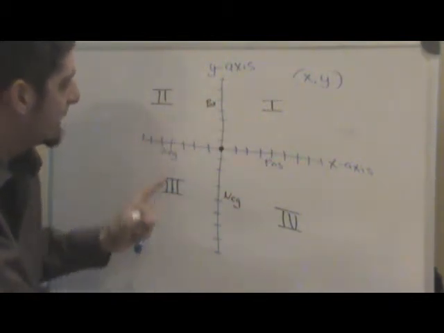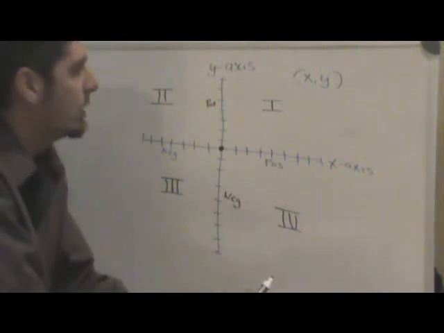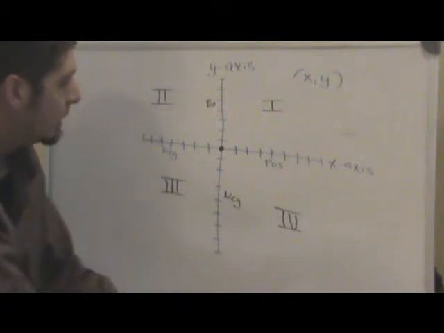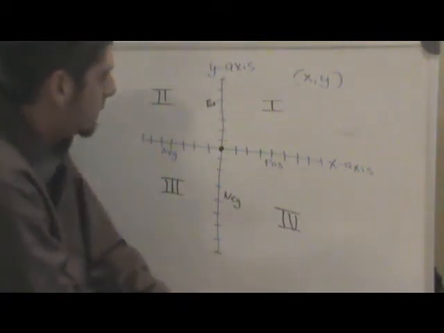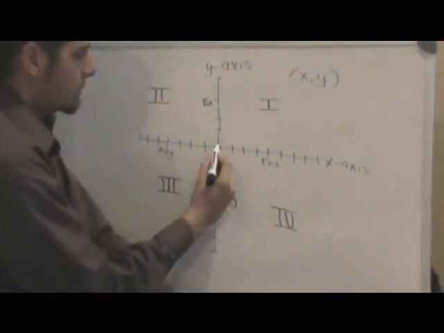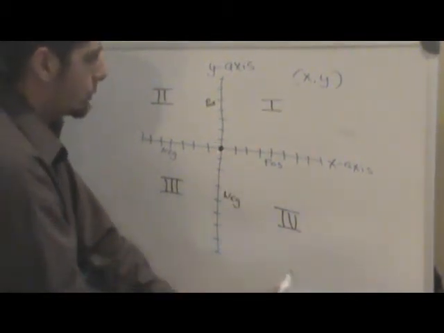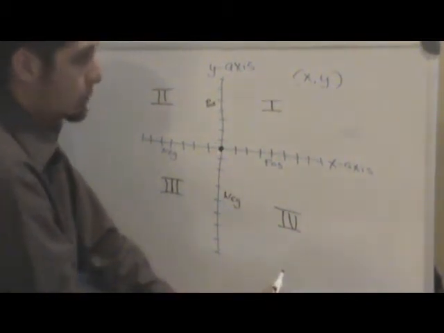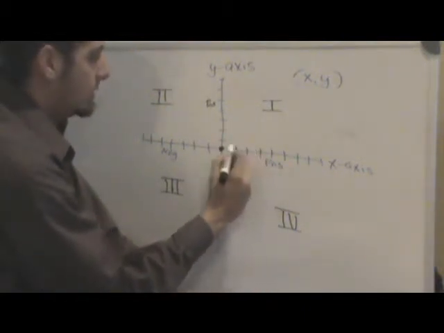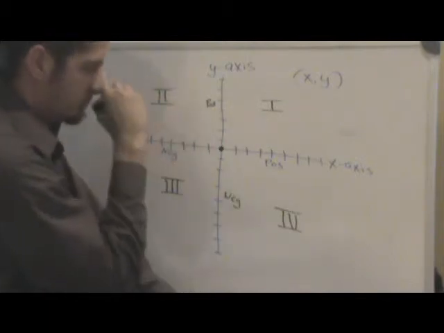Each quadrant has specific features about the kinds of points that you will find in them. So if you take a look at quadrant 1, in order to be in quadrant 1, you need to move to the right and you need to move up.